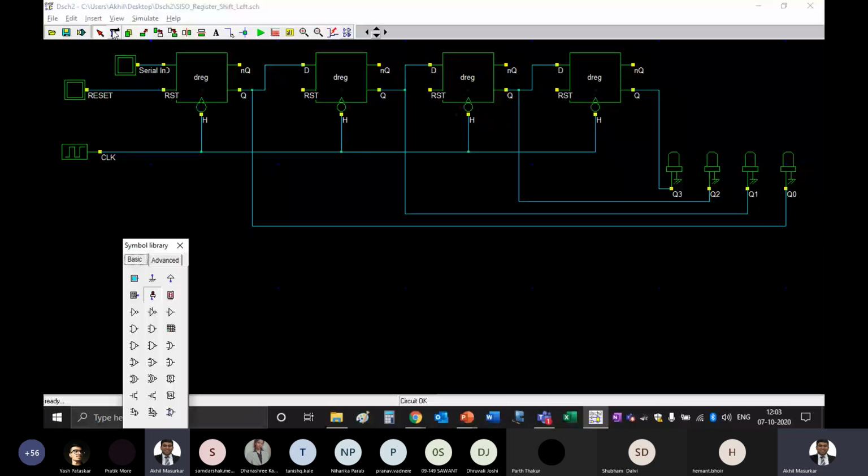So let's see the circuit for shift left. That is the other way around.